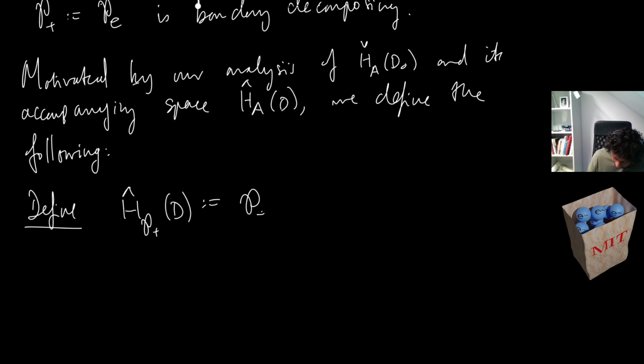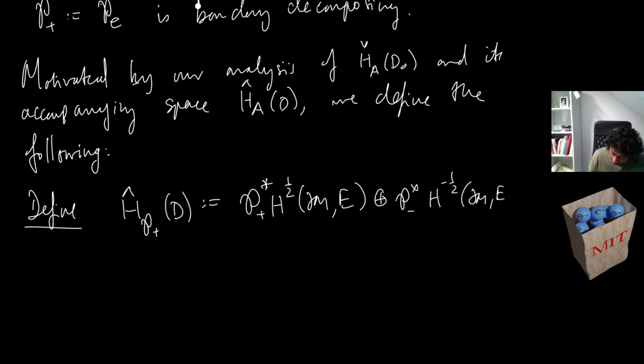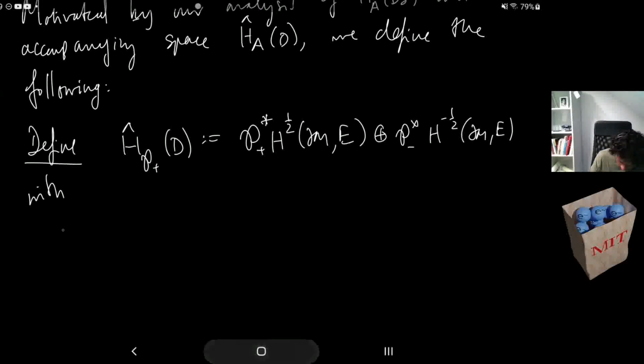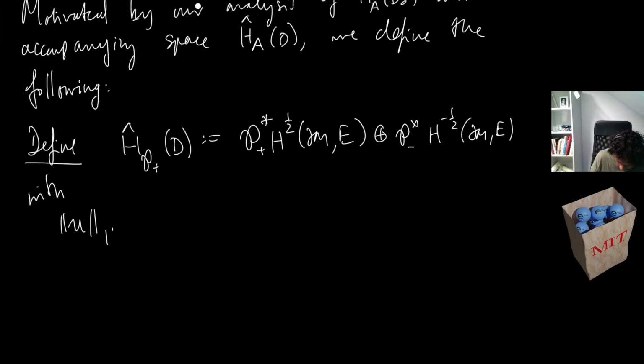So this is P plus star H a half partial ME, plus P minus star H minus a half partial ME, with the norm now being equal to this, right?